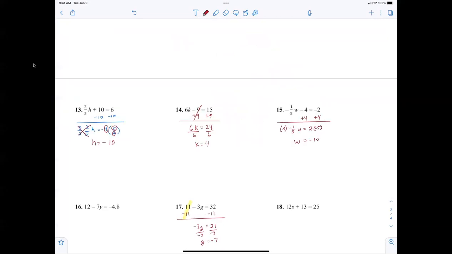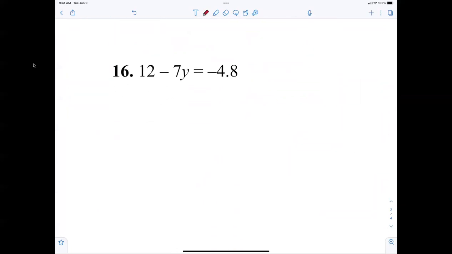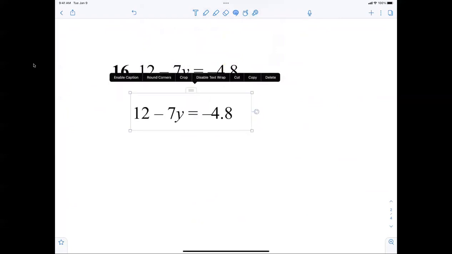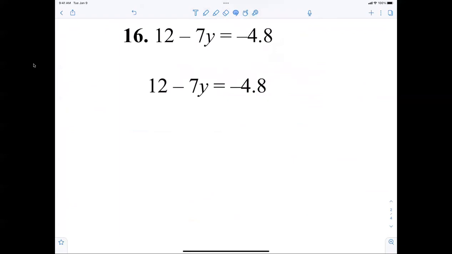Okay. Graham, it would be plus 7. Now you have a tricky one. So plus 7. Hold on a second. Are you on 16? All right, everybody needs to pay attention on 16. Can you tell me what the 12 is right now? Is it positive or negative? Positive.